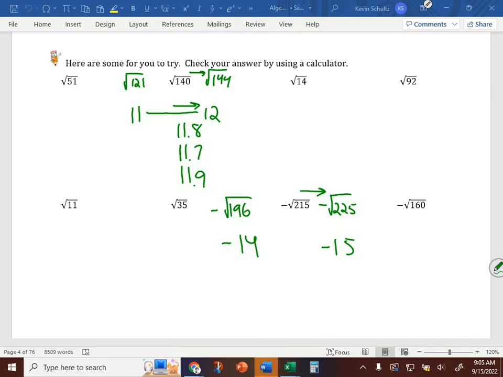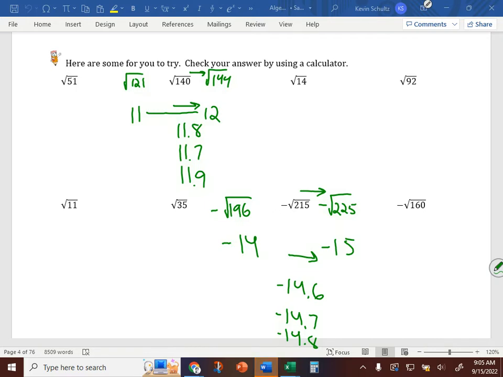So it's going to be closer to negative 15 than negative 14. So what are we looking at? Andrea. Negative 14.6, negative 14.7, negative 14.8, any of those, right?